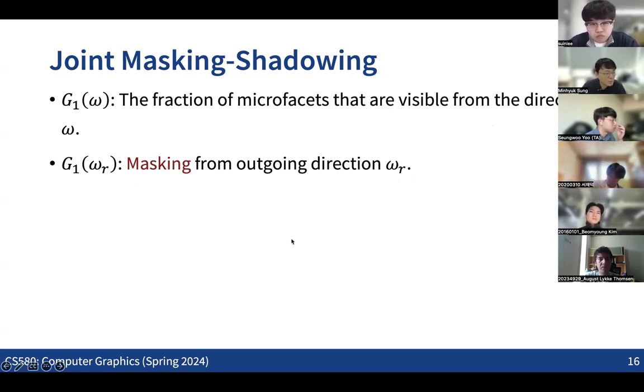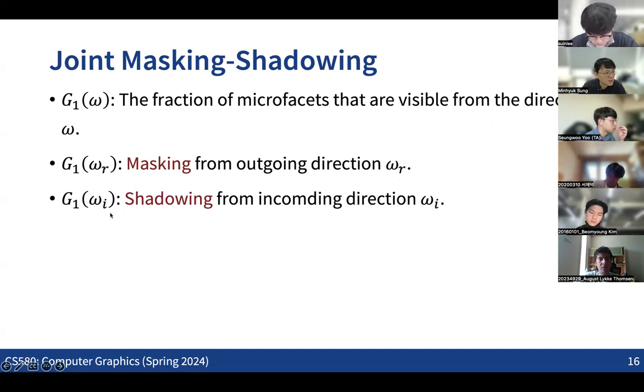But if you compute the same masking function not for the outgoing direction but for the incoming direction, that is computing the shadowing, how much of the microfacets will be shaded from the light due to occlusion.